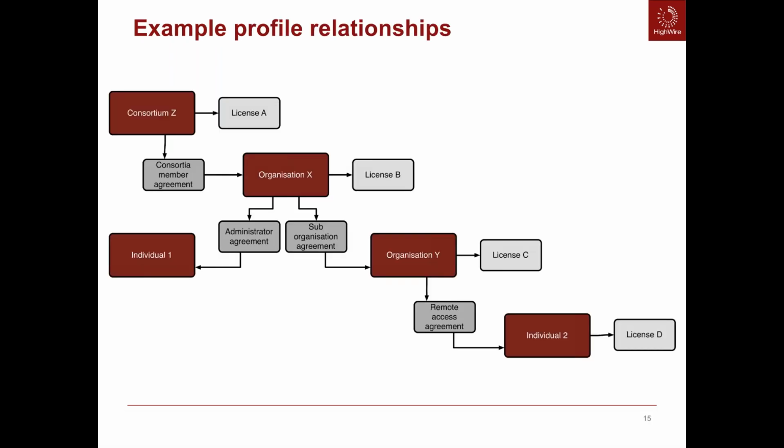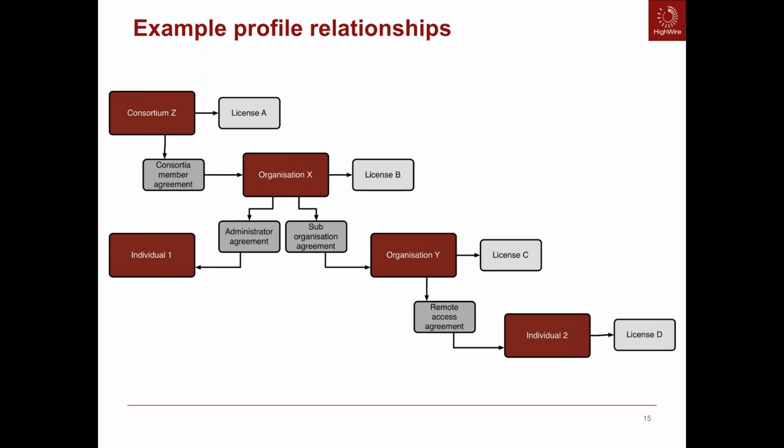So this enables us to draw up a very interesting relationship between all of these entities. I won't go through this. We can certainly ask questions, and we'll provide this in documentation after to explain what it's doing. But in a nutshell, it's a consortium that is providing access to a particular organization.